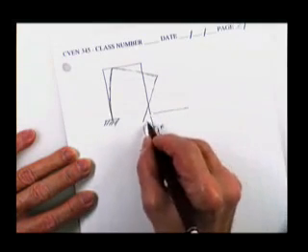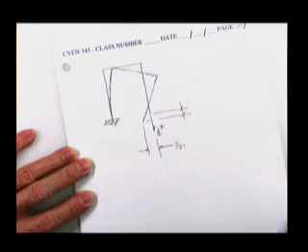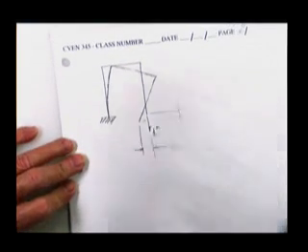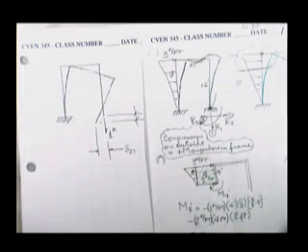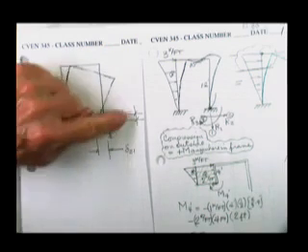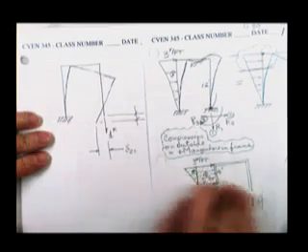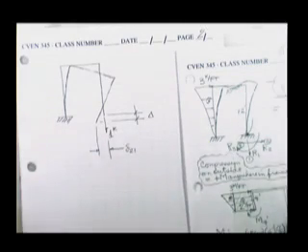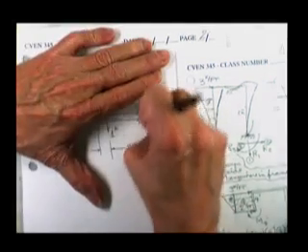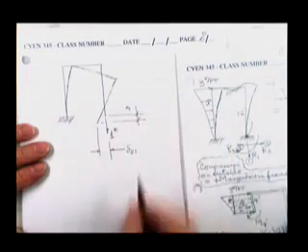What is this number right here? He has a name. First off, his name is not Delta, because it wasn't caused by a real load, it was caused by a unit load.